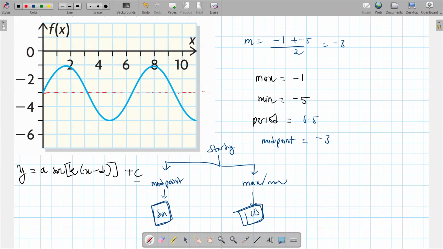So you just have to decipher those. And it's easier than you think. C is the midpoint. See this -3 here? That is going to be our C value.